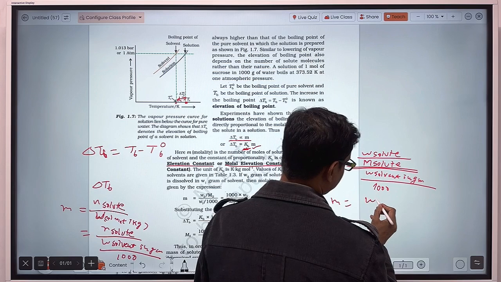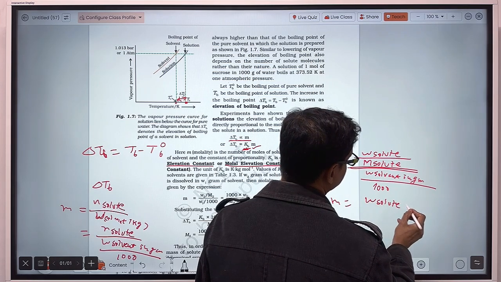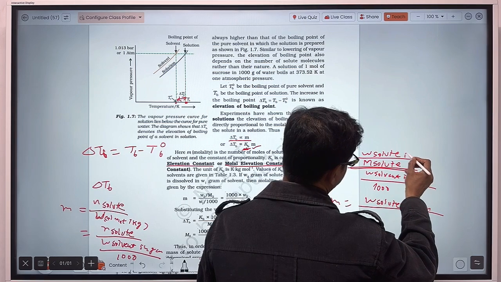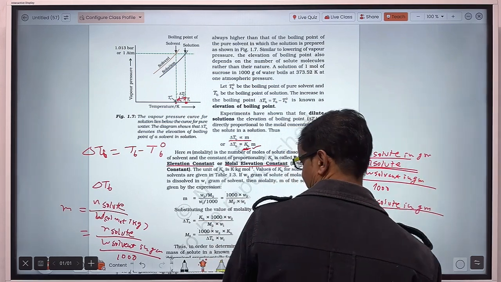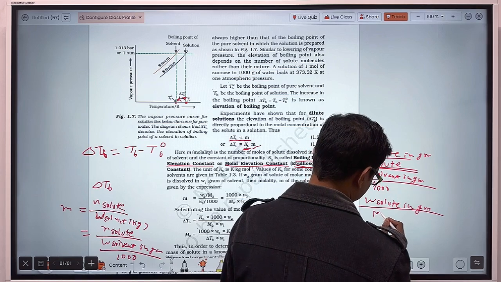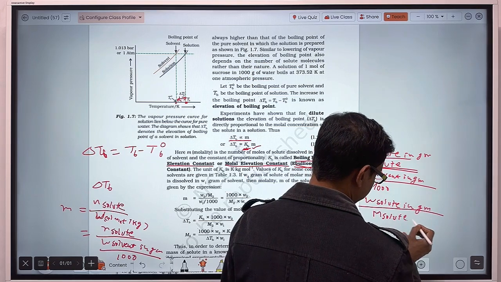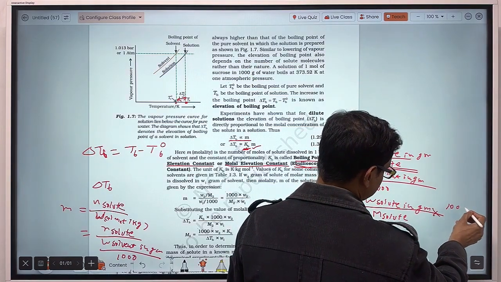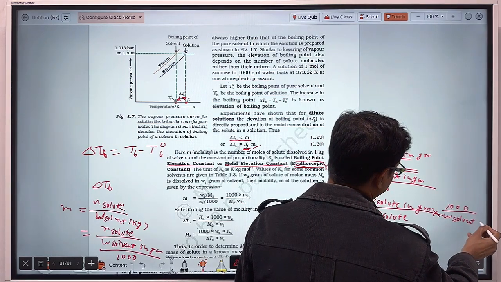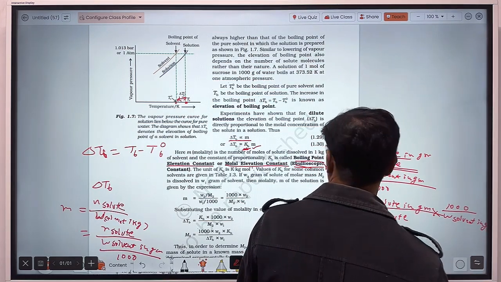So molality will be equal to weight of solute, that will be given in gram, that you should also write. So weight of solute in gram upon molecular weight of solute into 1000 upon weight of solvent in gram.